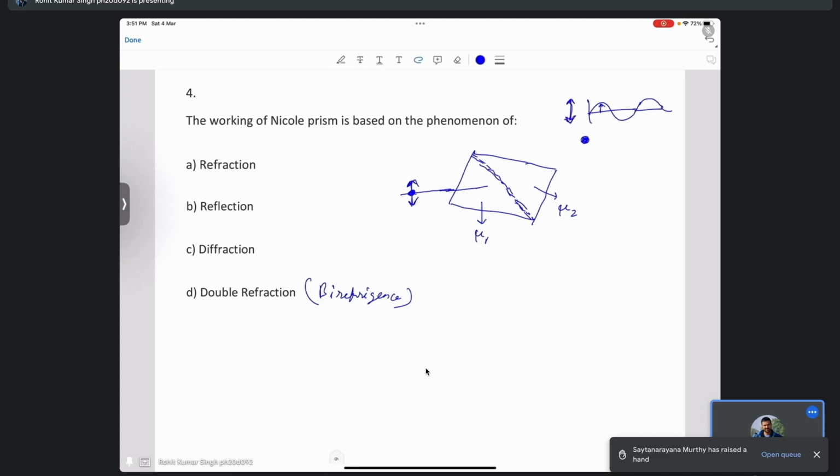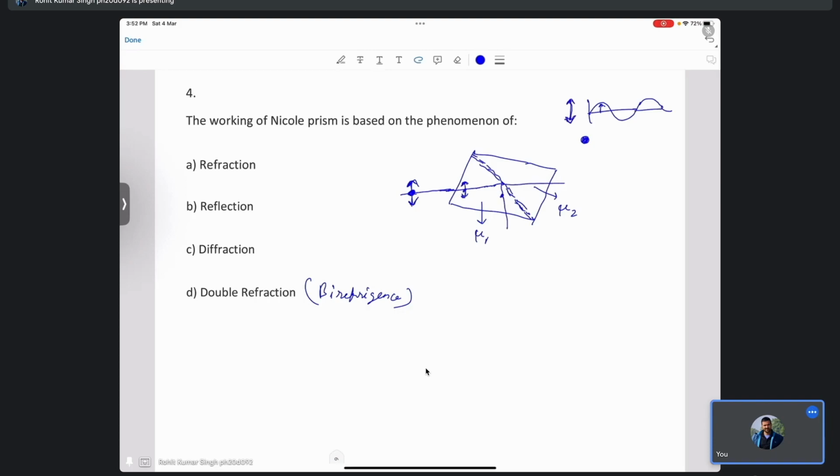And when it enters this crystal, when it is incident on this interface, what happens is that one of the components will be totally internally reflected, and one will pass through like this.